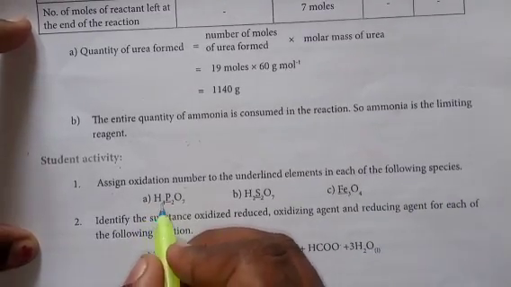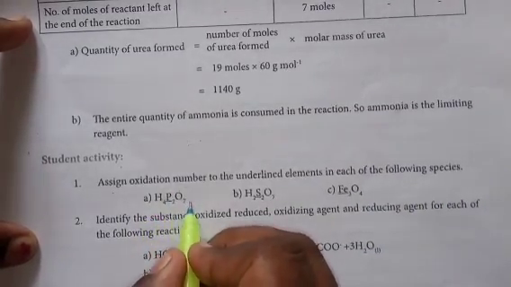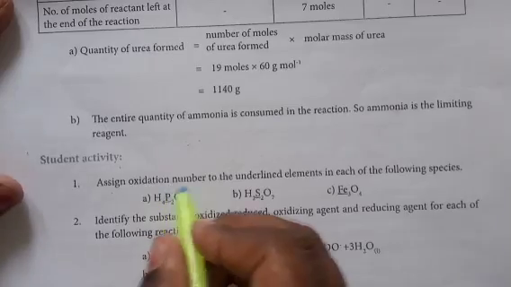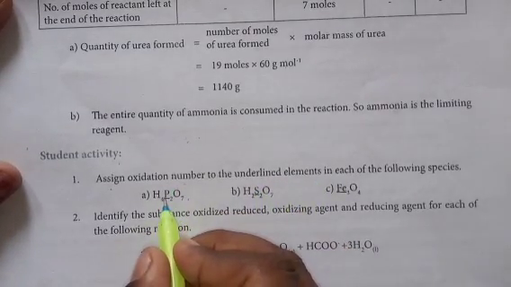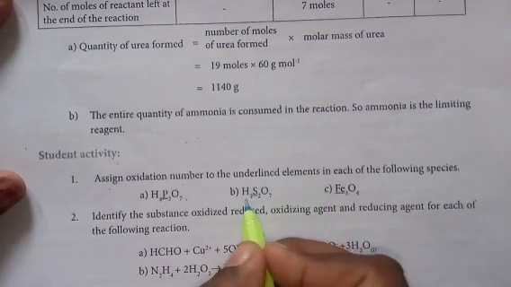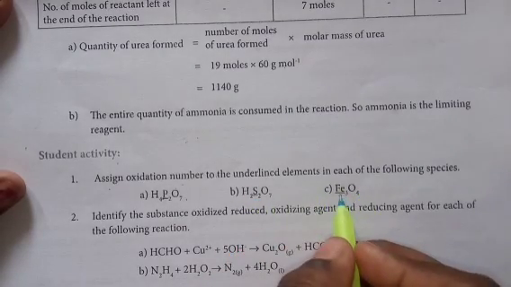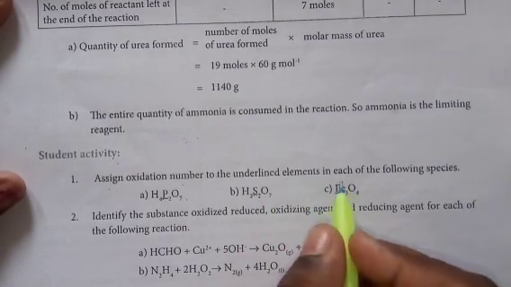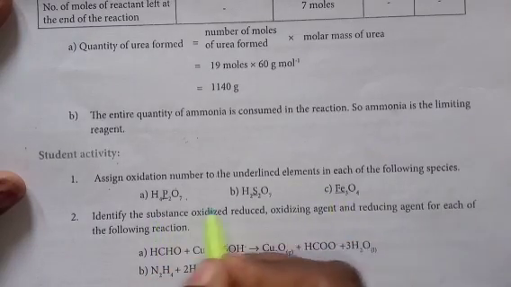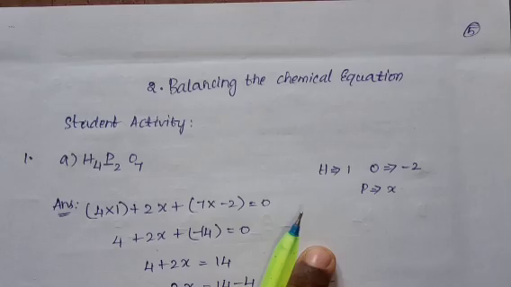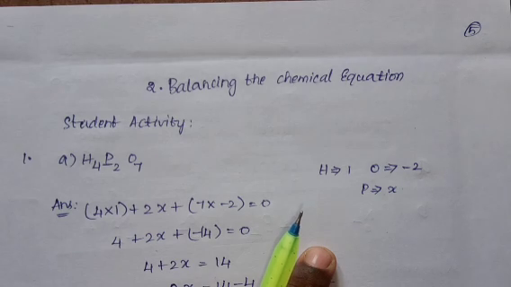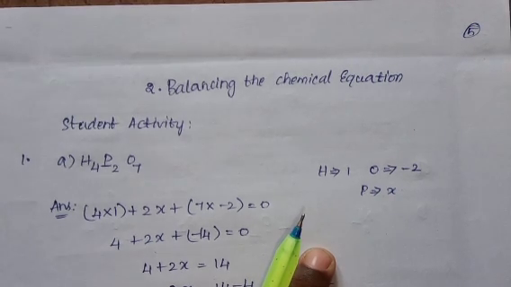A, H4P2O7, we have to find the oxidation number for the underlined element. Here the P is underlined. In the second one S is underlined, in the third one Fe is underlined. So we have to find the oxidation number for these three.